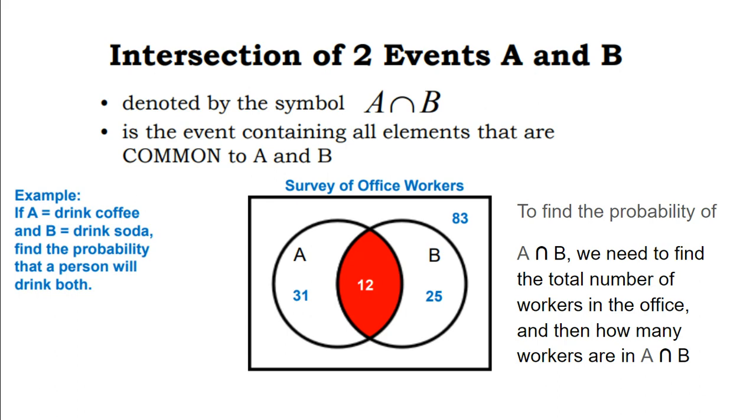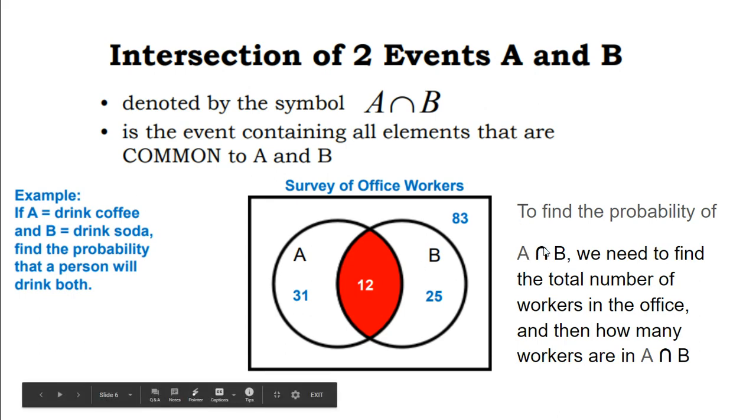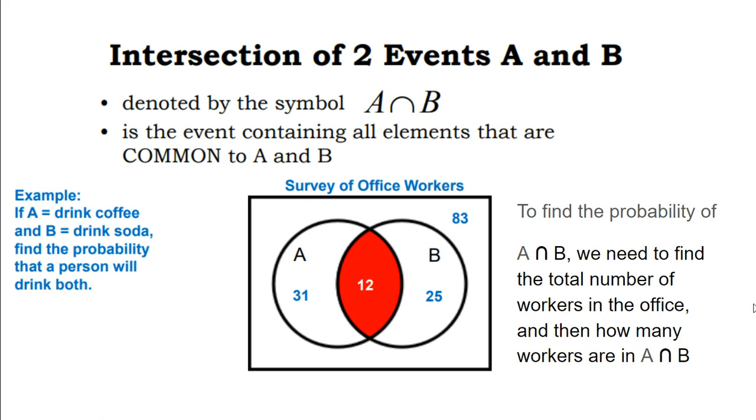This could be important, and let's say that you are an office manager and you need to order food or drinks for a party that you're offering for a friend, or a baby shower of sorts, right? To find that probability, I would have to find all of the events in the intersection first, and the total number of workers in the office as well, because that is going to be my denominator, okay?